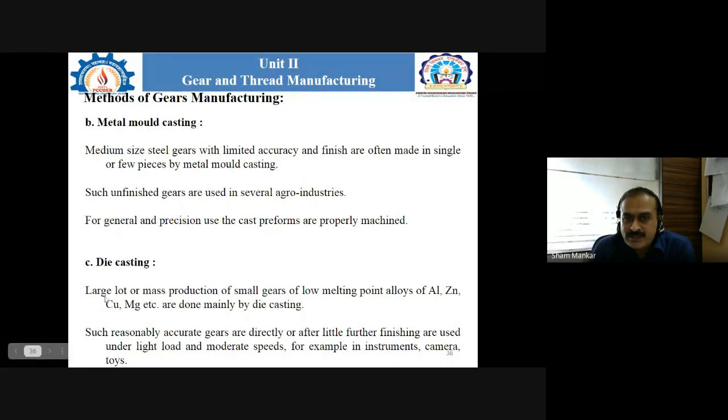It is mentioned here that mass production of small gears of low melting point alloys of aluminum, zinc, copper, magnesium is done mainly by using this die casting process.